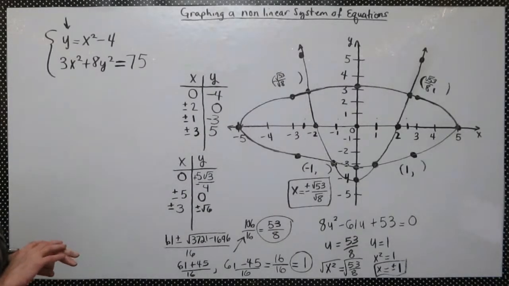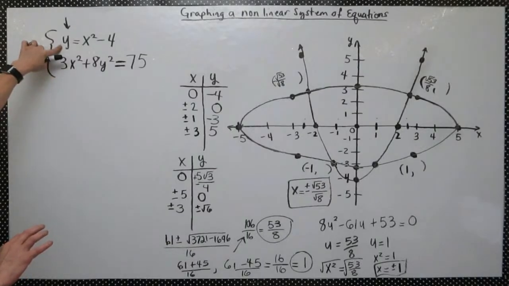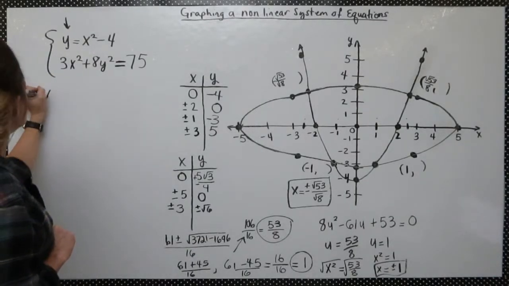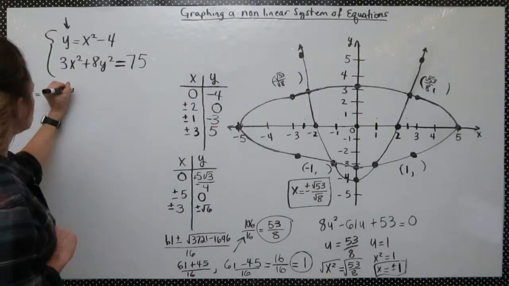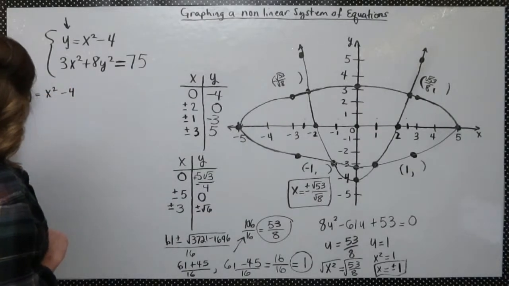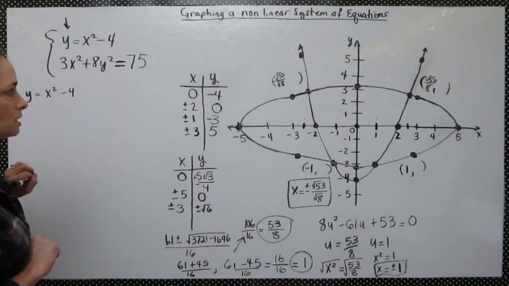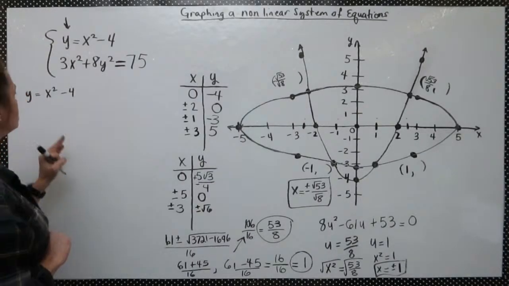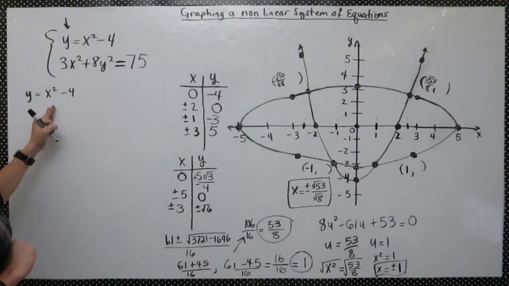So now all I have to do is solve for y at those 4 values. So I'm just going to use this top equation. So we'll say y equals x squared minus 4, and we'll plug in. And it's going to create some symmetry. We won't have to do it 4 times because we'll have to do it twice, because when you square a negative, you get a positive.